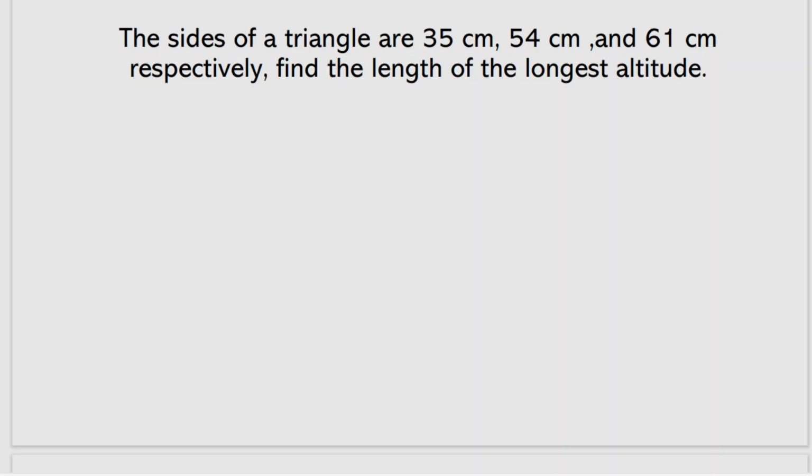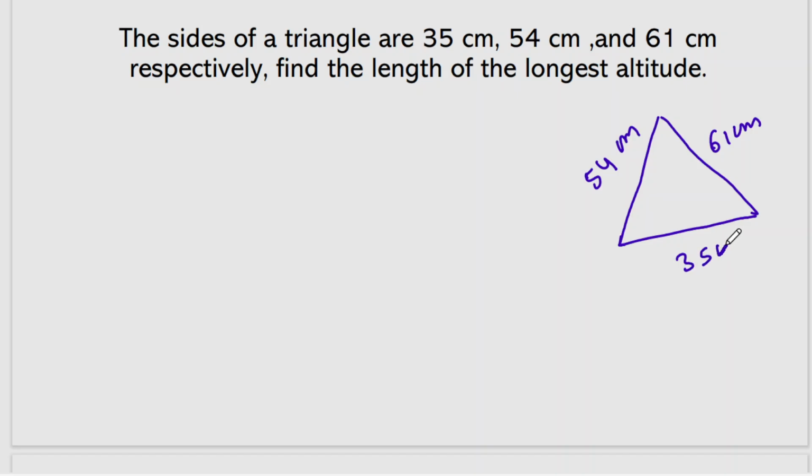So let's draw a triangle first. Now the sides of the triangle, let us keep it as 54 centimeter, 61 centimeter, and 35 centimeter. And I'm drawing an altitude that we'll find later.